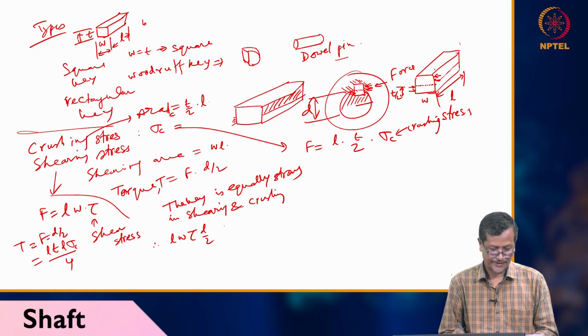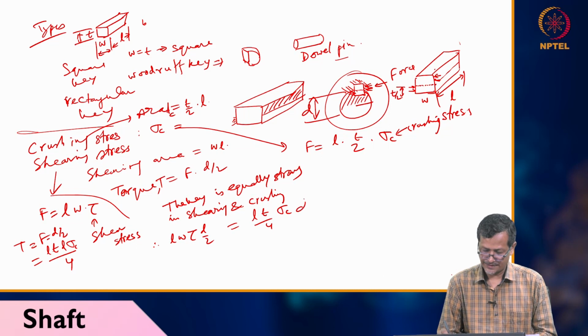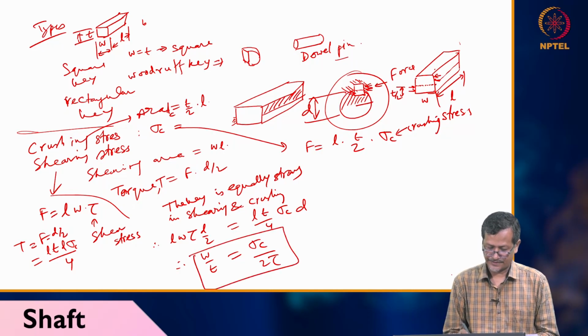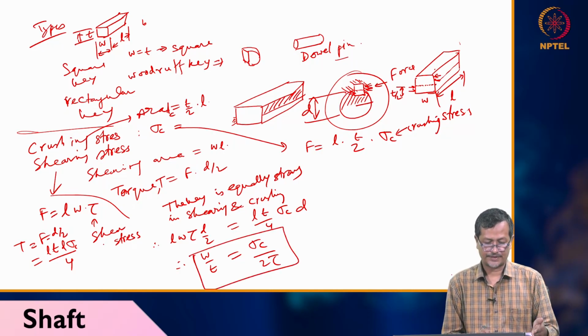And for shearing, T equals L W D tau by 2. So L W tau D by 2 equals L T sigma c D by 4. So this is giving W by T equals sigma c by 2 tau. This is your relationship if we assume the key is equally strong in shearing and crushing.